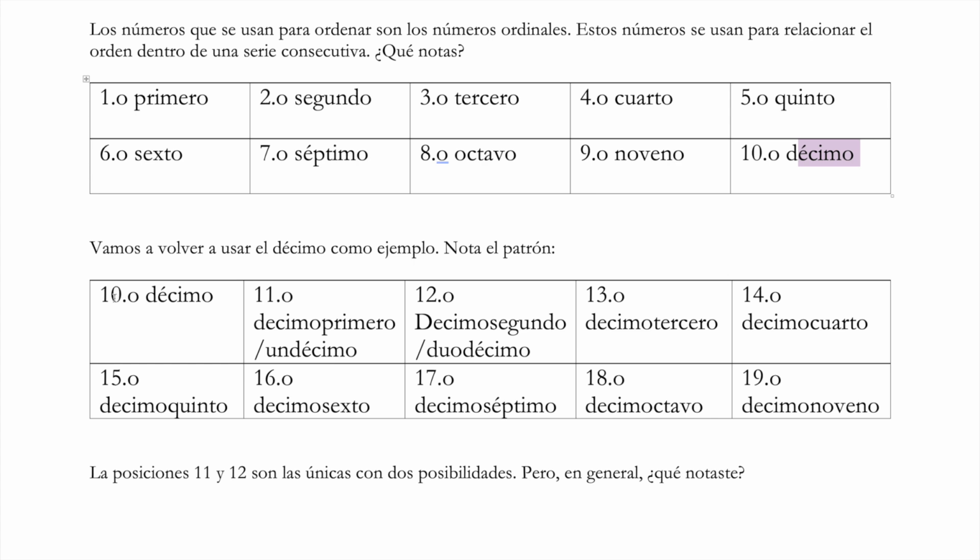So these over here, to emphasize the difference, we would have décimo primero, or undécimo, sorry, stress here. Either one of these, so these both have two names, so this could be décimo segundo or duodécimo, and then you have décimo tercero, décimo cuarto. My recommendation is use the top ones, and the reason why I recommend using the top ones is then the pattern just continues. It's the same pattern.